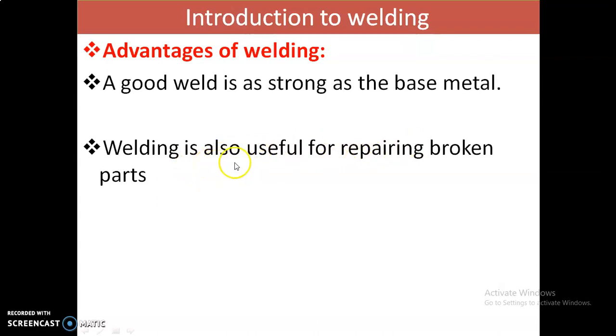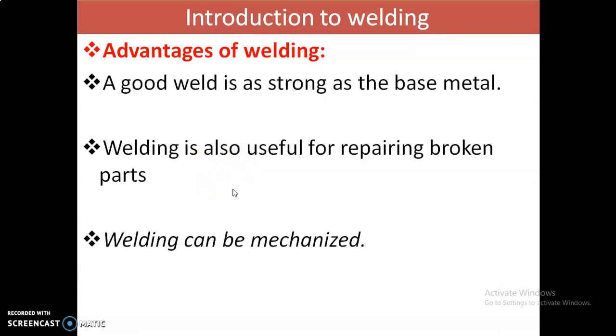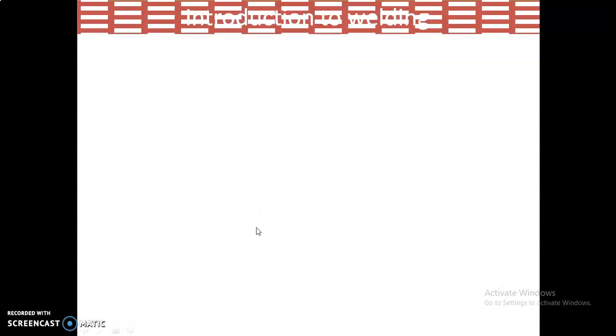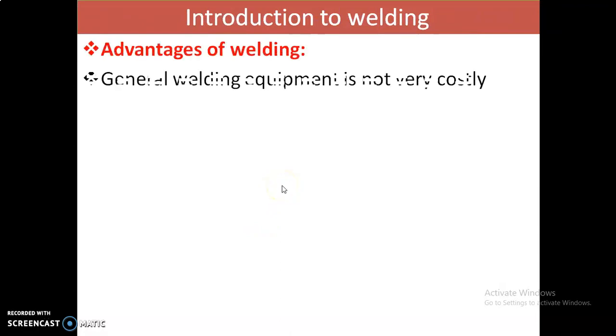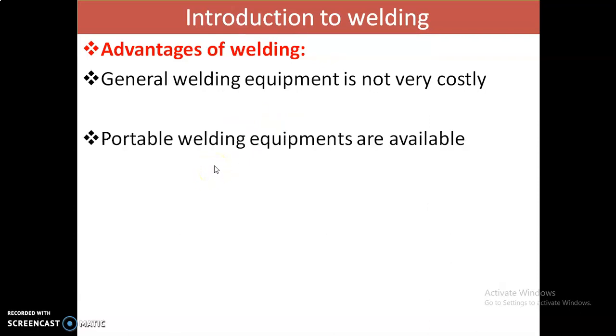Third advantage, welding can be mechanized. Fourth, generally welding equipment is very low cost. This is another advantage. And fifth, portable welding equipment is available.